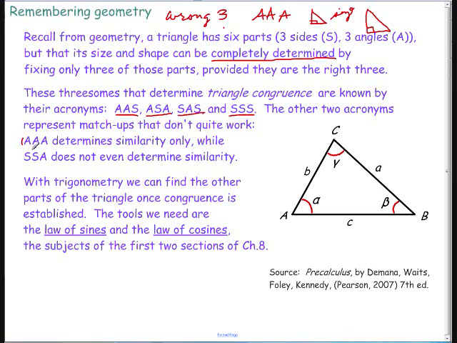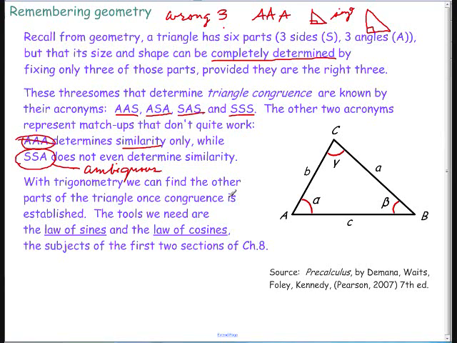This one here, which we can say they're similar, but we have no idea about their size comparisons. And SSA, we're going to talk about this one a lot. This is called the ambiguous case. Sometimes it determines a triangle, and sometimes it doesn't. We need something like that to sort of spice things up, don't we?